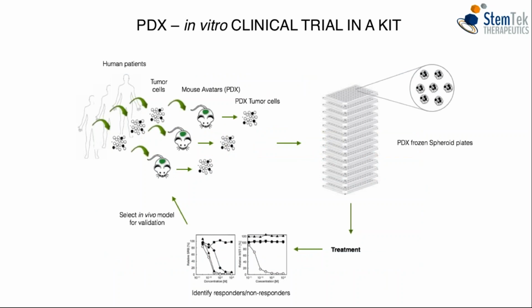So you can select which PDX models will suit your drug development interest, either by selecting which tumor model will work with your drug, or to select which indication is the best for you, or more importantly, to see the effect of your drug in a close to physiological in vitro kit before proceeding into a long and expensive in vivo system. That's why we call this clinical trial on a kit.